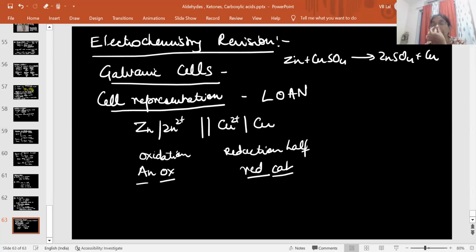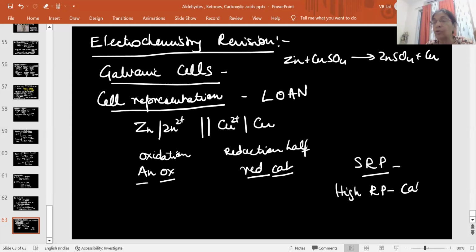So if the standard reduction potentials (SRP) are given to you, the one which has higher reduction potential will always become the cathode. Why? Because the one which has higher reduction potential will get reduced easily, and the one which has lower reduction potential will become the anode.